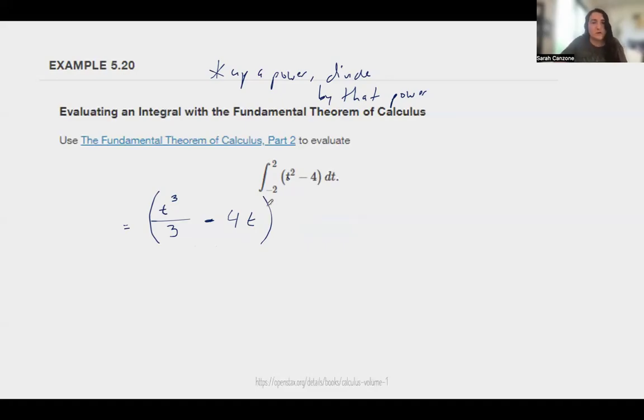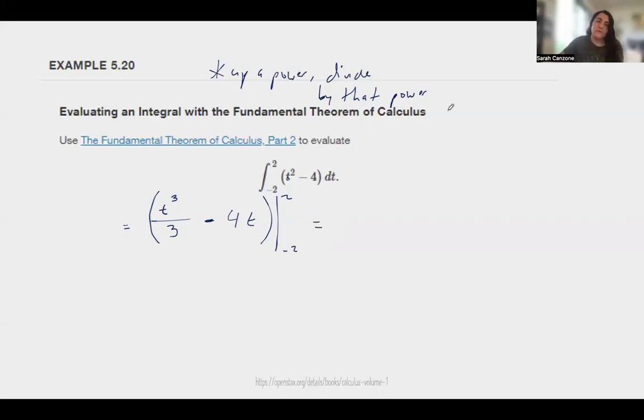That's a single bar down, except now instead of just writing at the bottom exactly what we're evaluating, we're going to continue to use the same notation of the lower bound on the bottom and the upper bound on the top. So we're going to say -2 to 2. And this is saying evaluate with -2 as your lower bound and 2 as your upper bound.